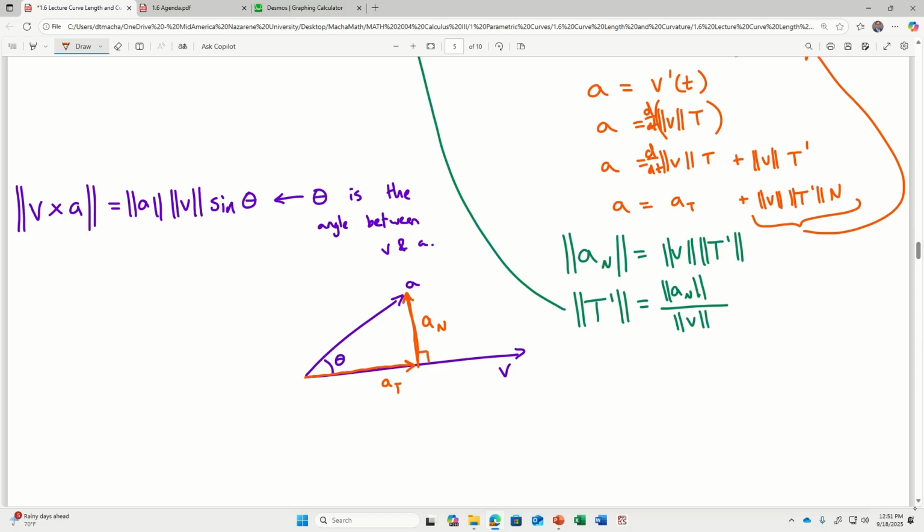So I can draw this right triangle here. And that means sine of theta is going to be the opposite divided by hypotenuse. And the opposite side of this right triangle is going to be the norm of the normal component of acceleration. And the hypotenuse of this right triangle is going to be the norm of the acceleration vector.